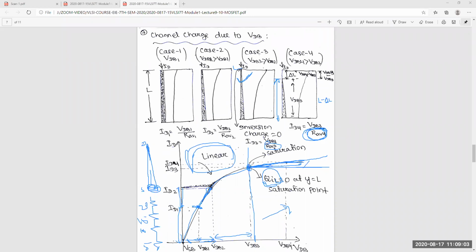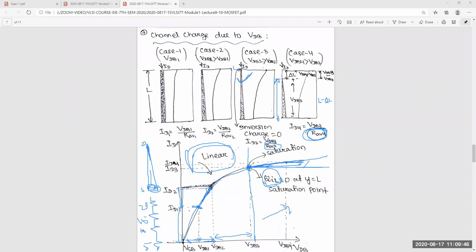When I'm giving a very high VDS voltage, there is some extra voltage after the pinch-off point, so the extra voltage is VDS4 minus VDS3. When I'm increasing beyond the VDS saturation voltage, will ID increase very high at a very high constant voltage of VDS?